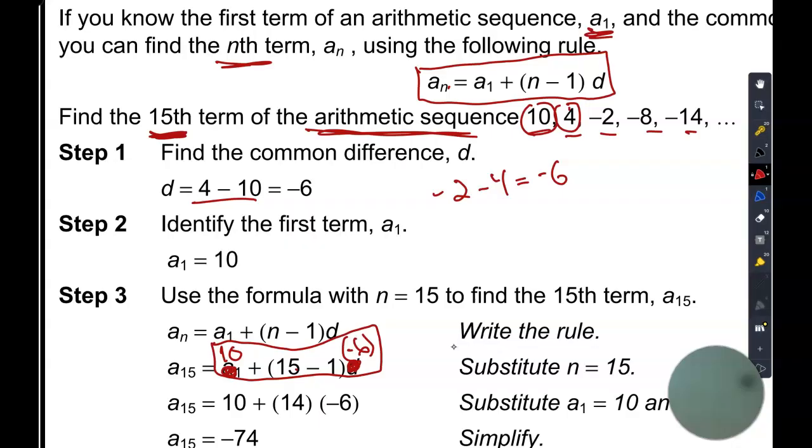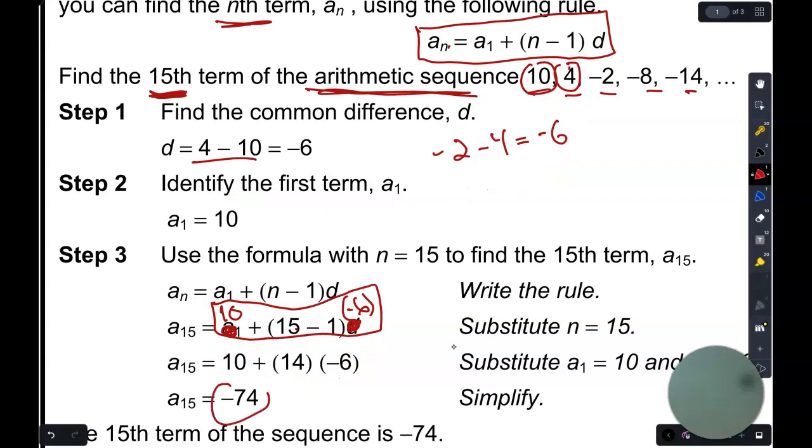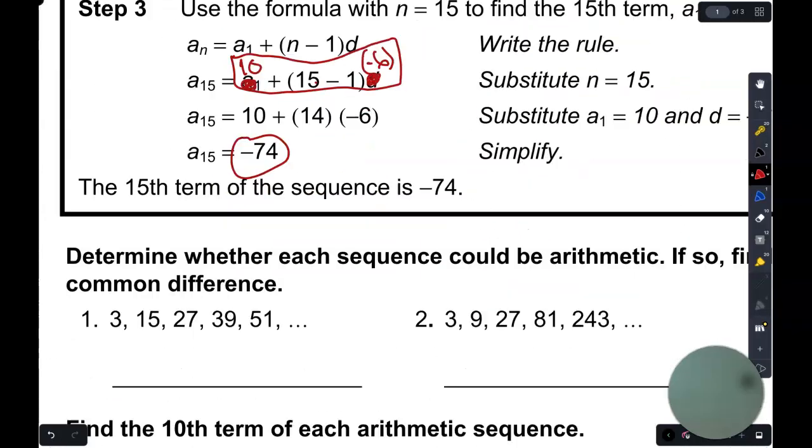Not this A of 15 part, but you'll say 10 plus parentheses 15 minus 1 close parentheses times -6. You hit enter and you get -74. And that's it. That's how you find the 15th term of this sequence. All right, let's take a look at a few more examples.